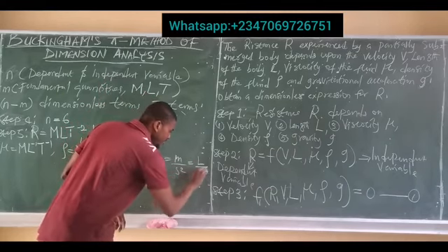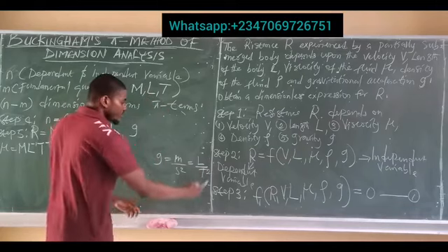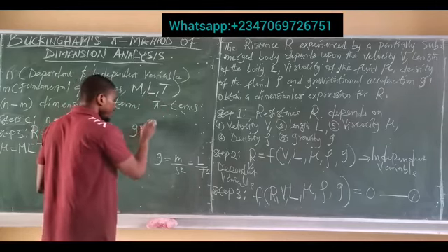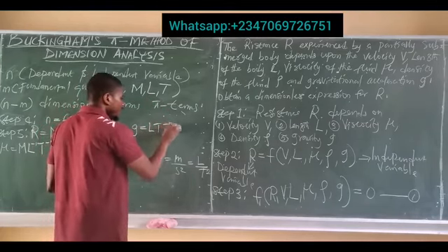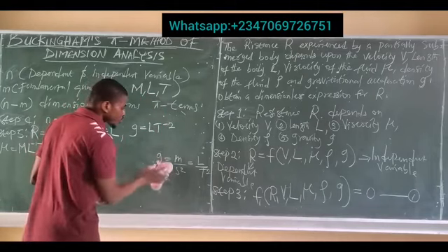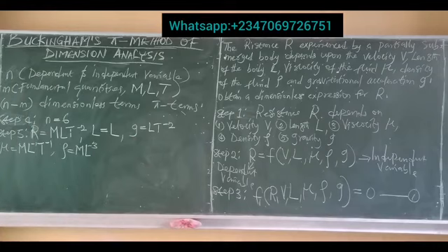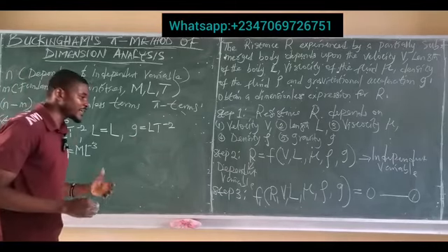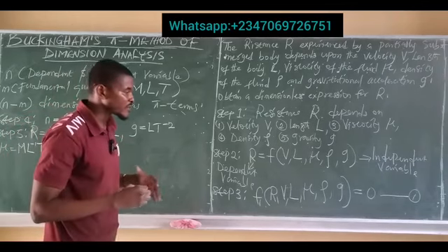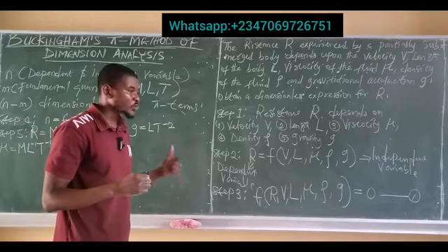By dimension, time is capital T all squared. If you arrange this, you're going to find that gravity is L T to the power of minus 2. So that is the fifth step: write the dimensions of each of the given physical variables, or each of the given dependent and independent variables involved in the functional equation.